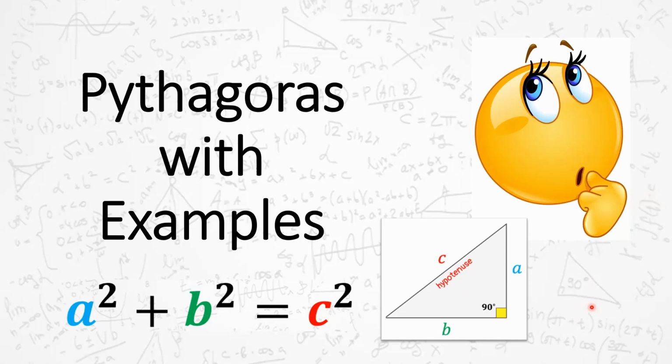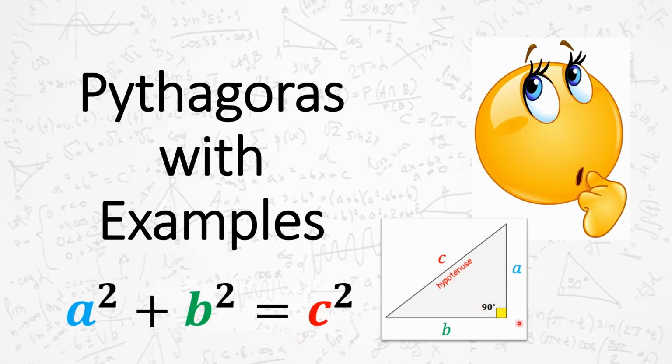So, Pythagoras can only be applied to right-angled triangles. The equation you need to know is a squared plus b squared equals c squared. C is always the hypotenuse, that is the longest side in the right angle triangle, and it's always opposite your 90 degrees.